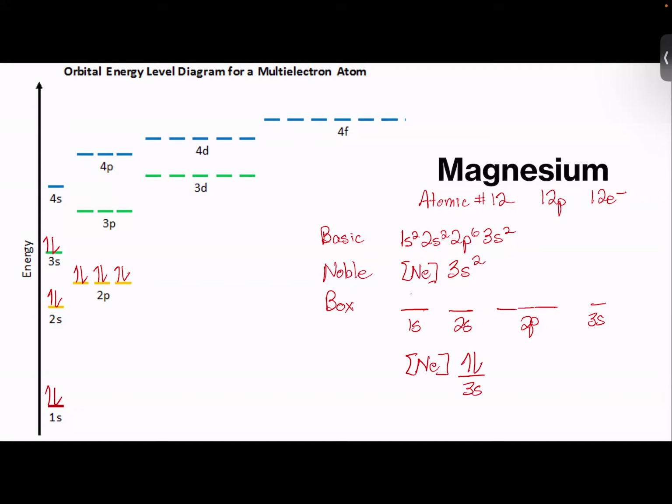Either one of those is acceptable, but again, a lot of this is about those valence electrons. A lot of it is about the electrons that are responsible for the element's reactivity. So that's why it is perfectly acceptable to write a noble gas box diagram, because again, you're trying to focus on the element's reactivity.